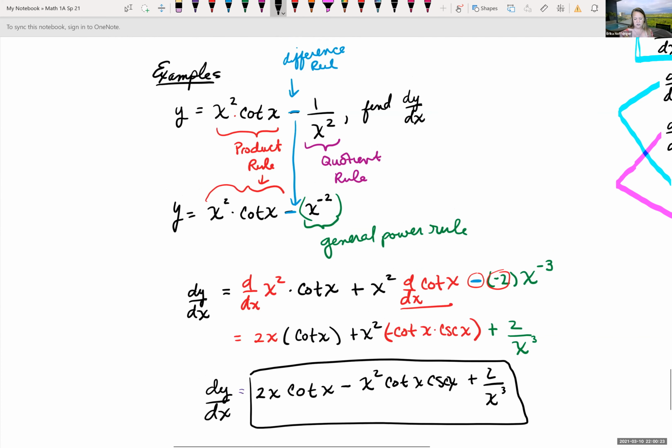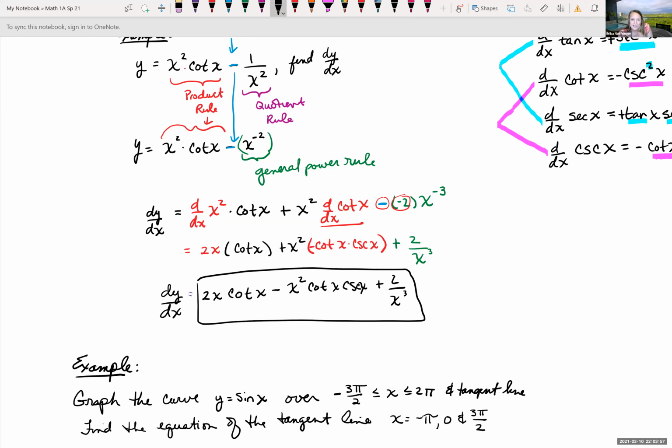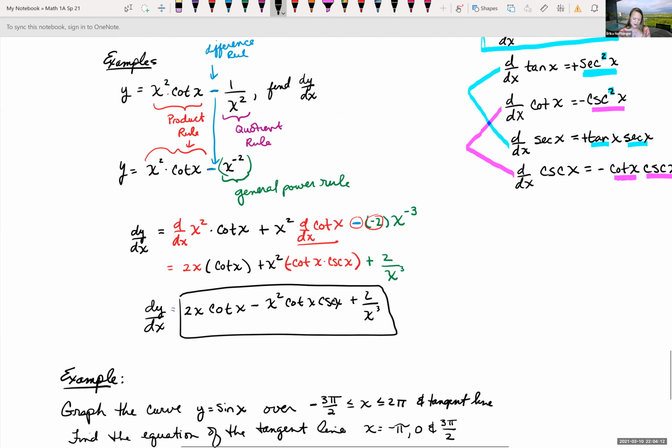So just putting all together the rules that we've been learning. Okay, so I made an error, and maybe hopefully you caught that while you were going through the video. The derivative of cotangent of x is negative cosecant squared.